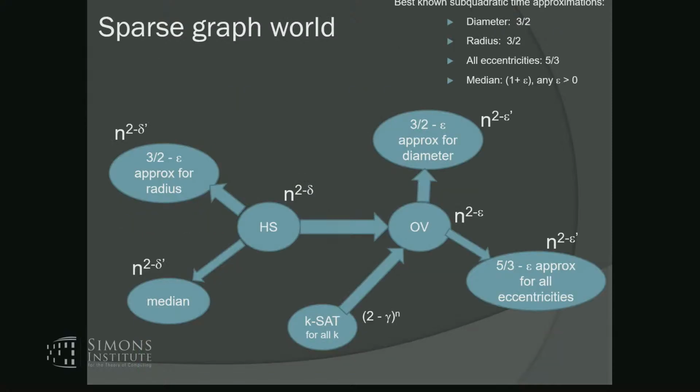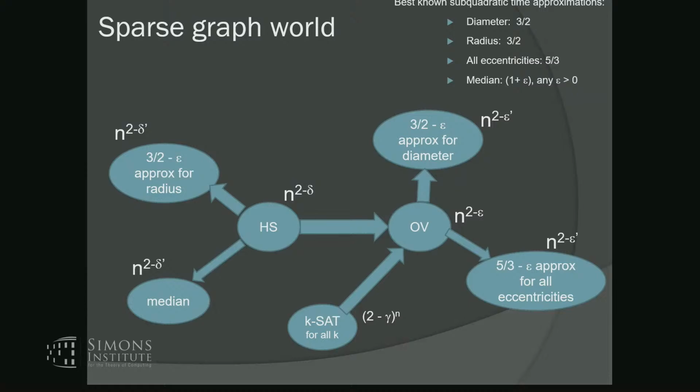Okay, so this is kind of what the world looks like in the sparse regime. Earlier today, you saw this reduction from KSAT down to OV that Virginia showed. Then what you can do here is take OV and reduce it to this 3/2 minus epsilon approximate diameter, as well as eccentricities.